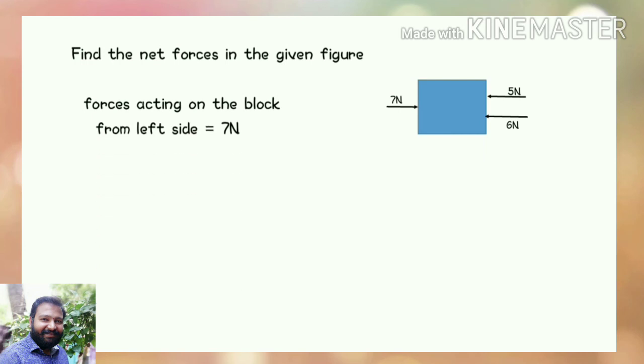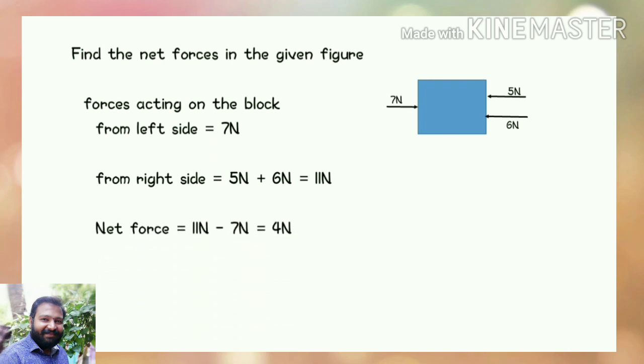Okay, so the force is acting from the left side first, 7 newtons. Now forces are acting from the right side, two are acting, 5 newtons and 6 newtons. So we have to add those two, 5 newtons plus 6 newtons equals 11 newtons. Now the net force is equal to 11 newtons minus 7 newtons, that equals 4 newtons. The net force value is 4 newtons.